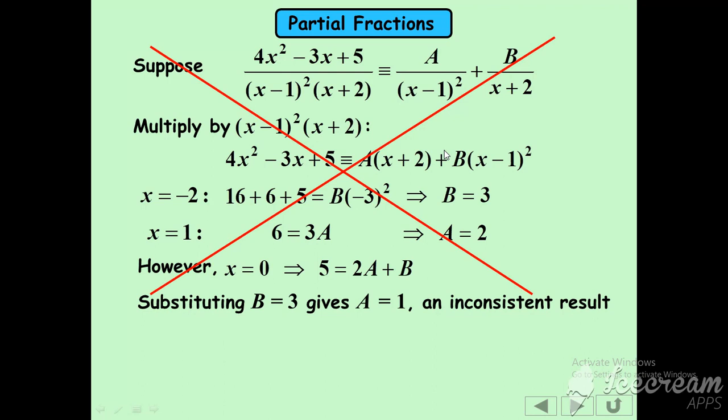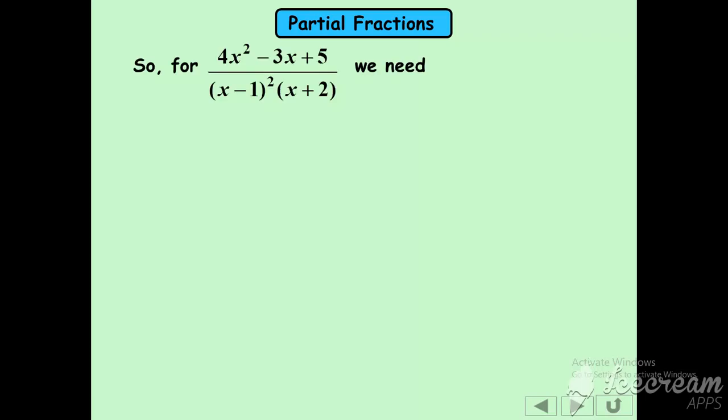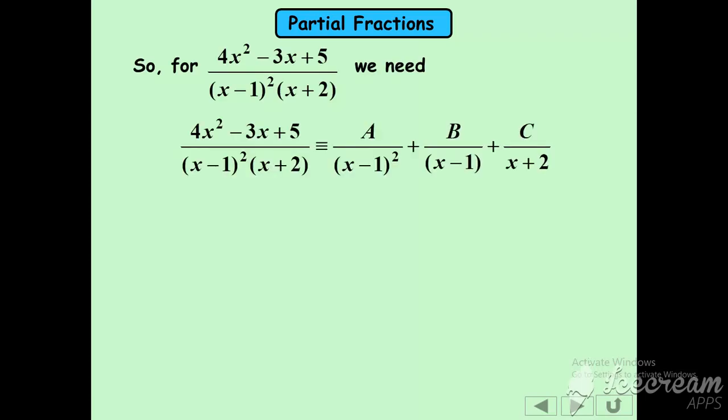So let's do this. Actually, while we solve this, we can do it like this. Look here. First you write a by (x minus 1) whole square plus b by x minus 1 plus c by x plus 2. If you write this, while taking the LCM of the first and second, you will get the denominator (x minus 1) whole square, and in the numerator you will get a plus b into (x minus 1).